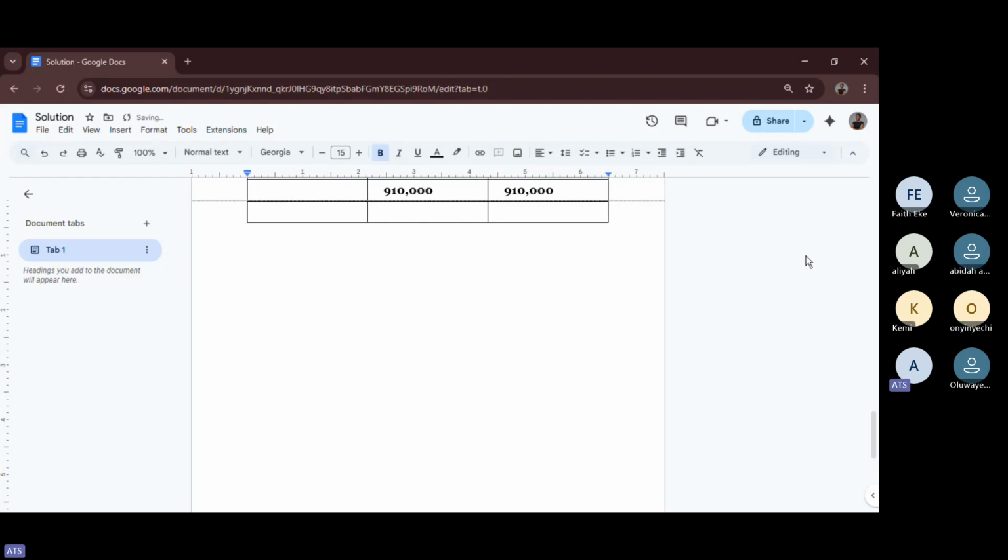Okay, so what I was explaining: if you are trying to calculate cost of sales, let's use some figures. Opening inventory: $5,000.